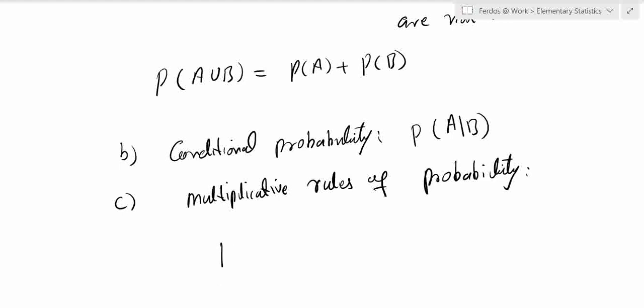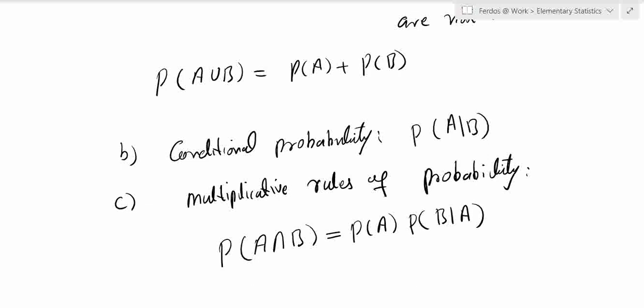In the multiplicative rule, you will see these words in the statement of the problem: calculate the probability of event A and event B, or calculate the probability of both events A and B. If you see these words, for sure this is the case of the multiplicative rule. This is equal to probability of A and probability of B given A.